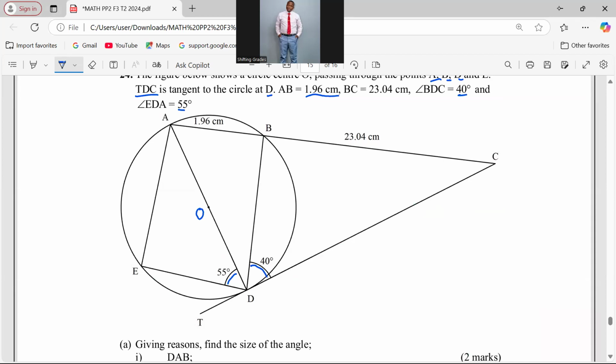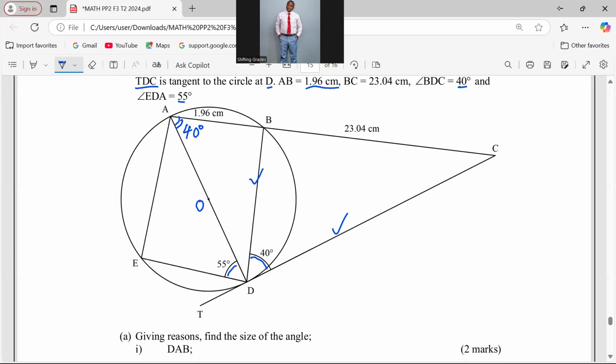But now, this one is an angle made by a tangent and a chord. So we ask ourselves, is this chord subtending another angle at the circumference in the alternate segment? Yes, at this particular point. Therefore, we usually say the angle subtended by a chord and a tangent is equal to the angle subtended by the same chord in the alternate segment.